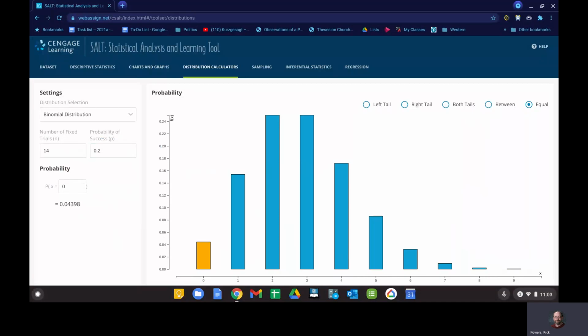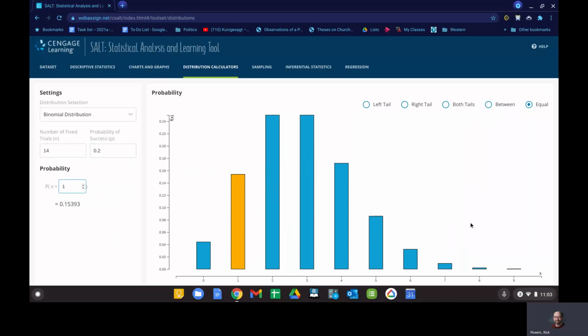It still could happen. I don't know for sure, but it's not very likely. So now if I'm doing the equal, up here on the right-hand side, again, notice it says equal. And I say, well, what about having just one person that's healthy? That's about 15%. And I could go through and do all of them that way.